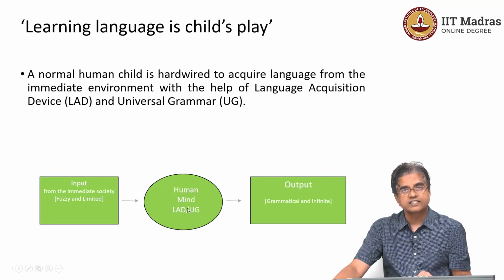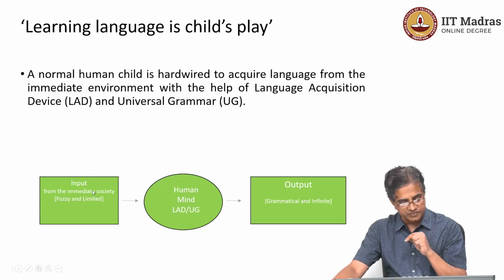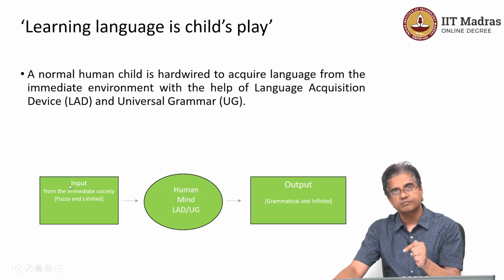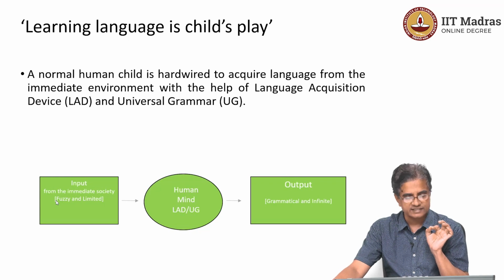the language acquisition device, as part of the human mind, is what is responsible for processing the input that comes to the human mind, which is very fuzzy, not targeted towards learning language, and limited in quantity.